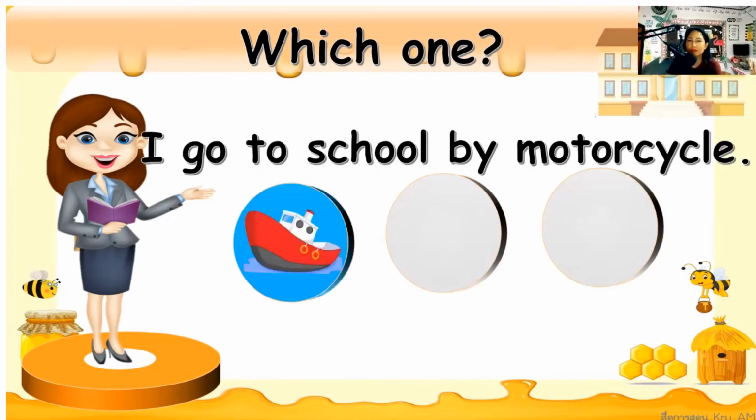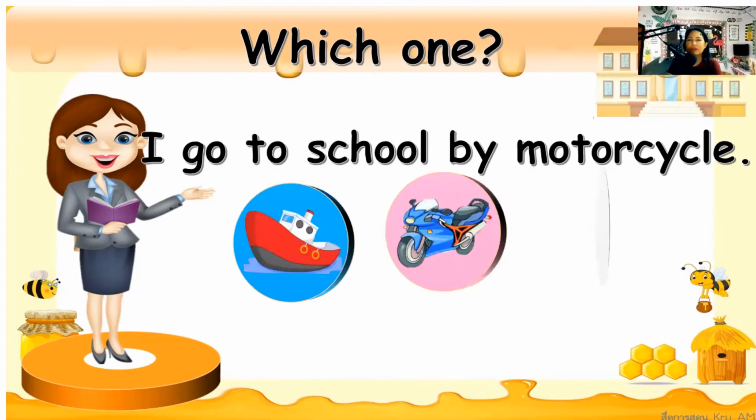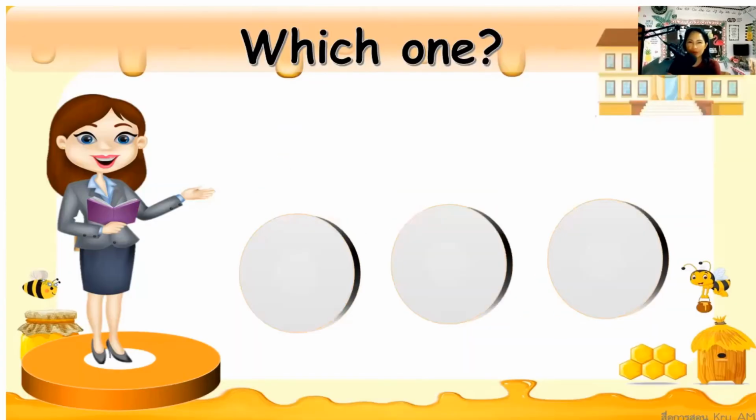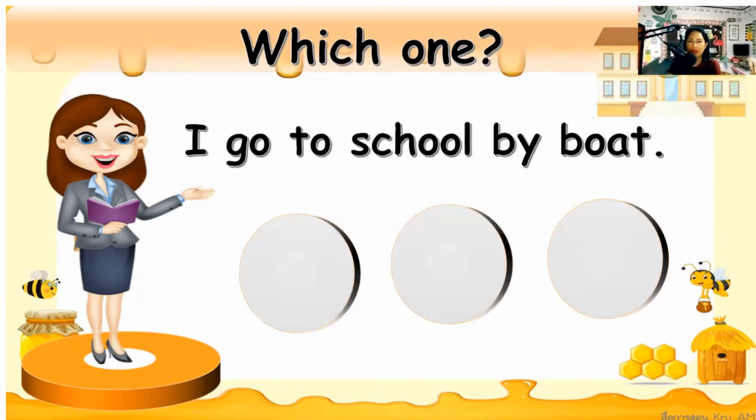Okay, first, second, third. Motorcycle. Where's the motorcycle there? Amazing. It's the second. You got another point. Which one? I go to school by boat.